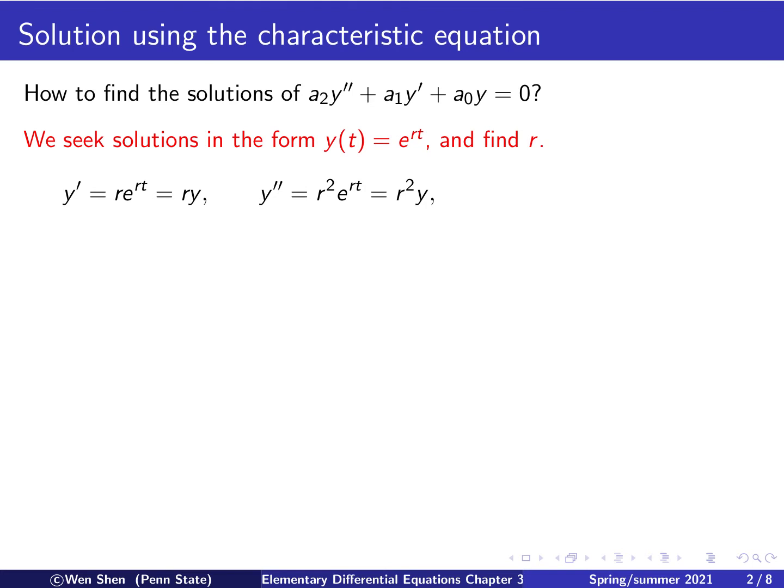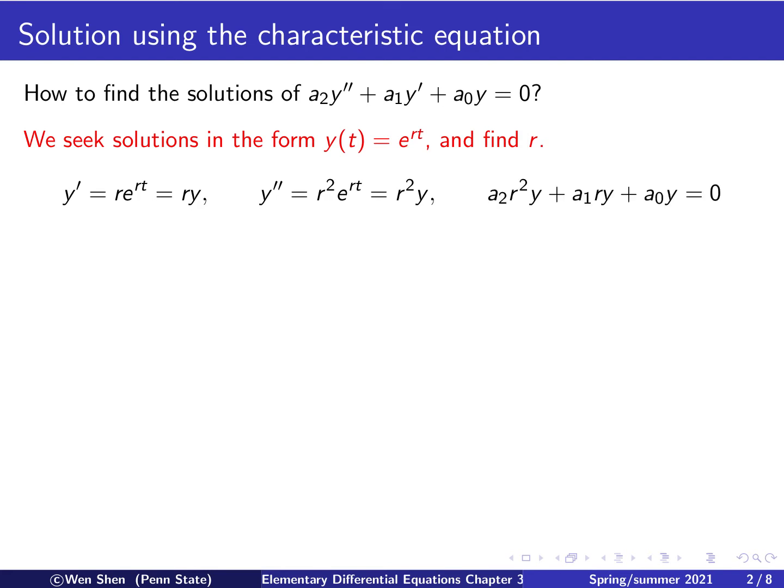So we see that when seeking a solution in the form e to the rt, each time we take a derivative, it results in multiplying the solution by a constant r, and the second derivative by a constant r squared. So we transform the derivatives into an algebraic product.